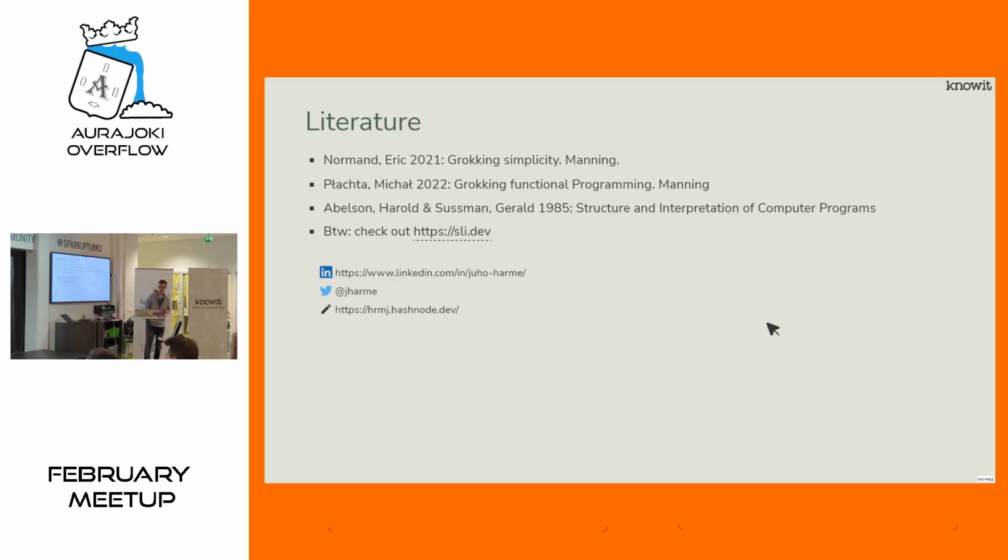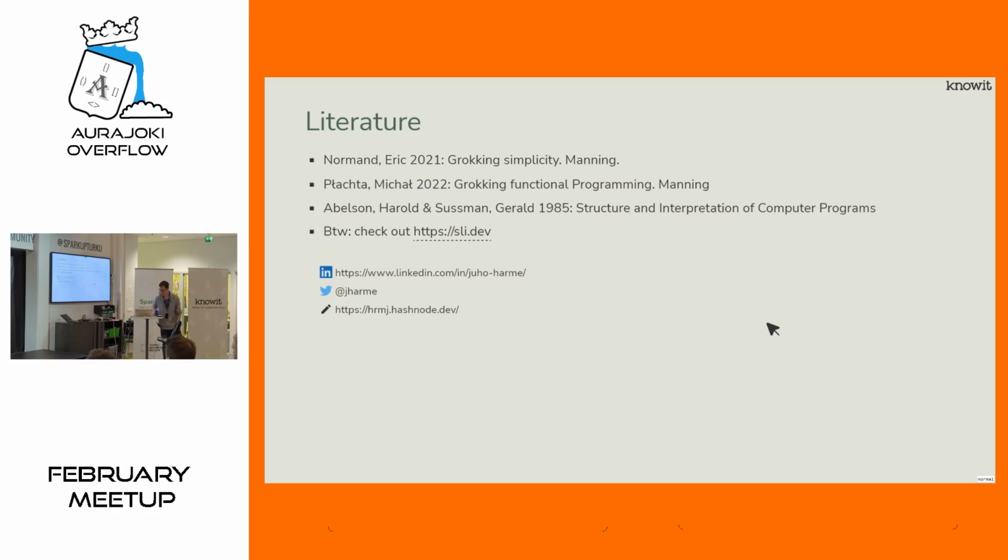Now, coming from an academic background, I cannot help ending my presentation with citations and literature. I'm just unable to write a presentation without at least a small list. And I really do think those two books at the top are good. I got introduced to this concept in Eric Normand's book called Grokking Simplicity, which is a really easy to approach introductory guide to functional programming.